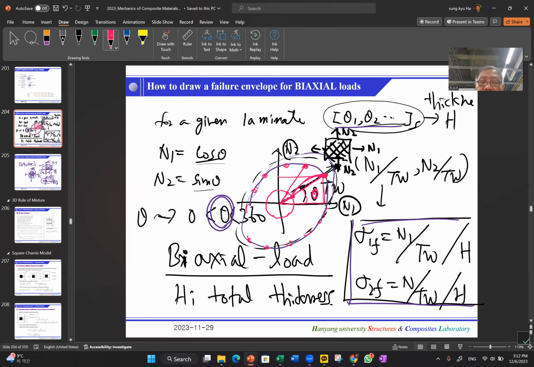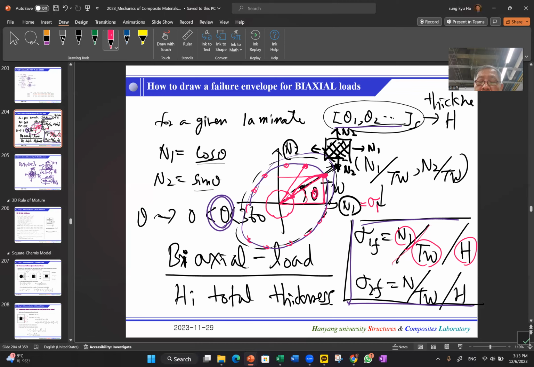I just mentioned N1, but more precisely, we can say sigma 1. Let's divide by the thickness: N1 divided by the thickness will give us a stress. And the safety factor is, as I just mentioned, the failure index psi. So dividing by psi will give us this much point.